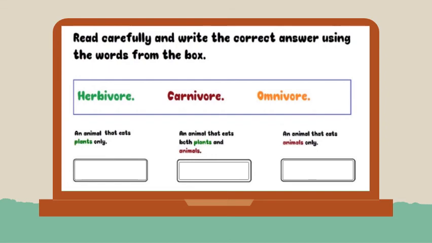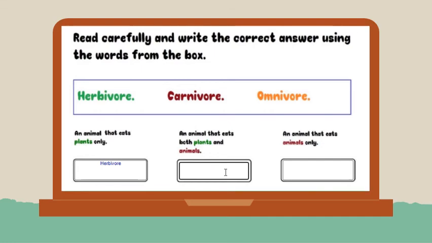Here is another game. What do we call an animal that eats plants only? Is it a herbivore, carnivore, or omnivore? It's a herbivore. That's right. What about an animal that eats both plants and animals?